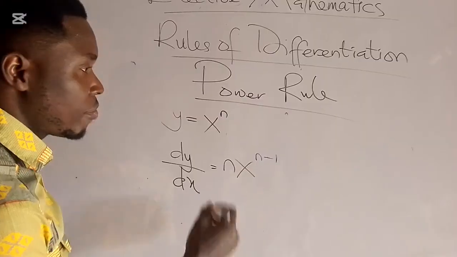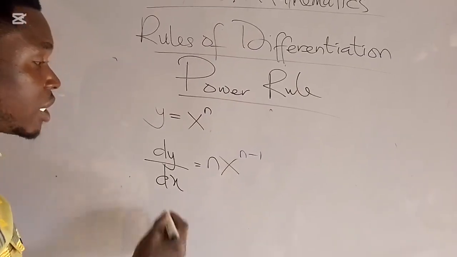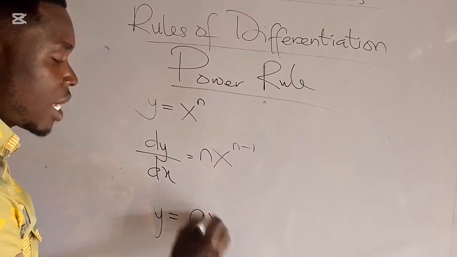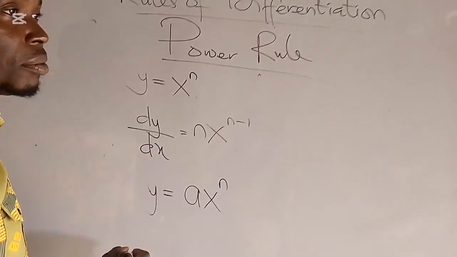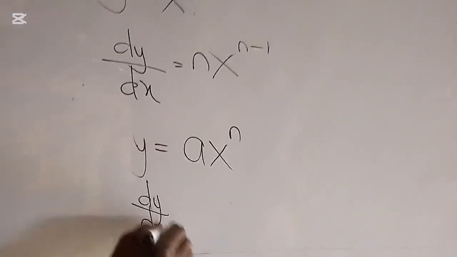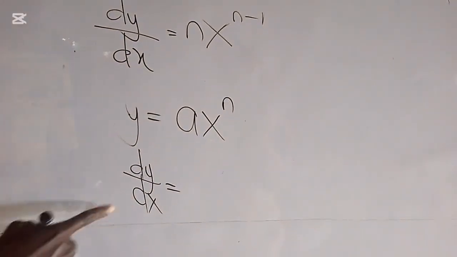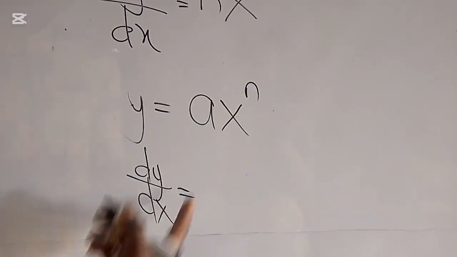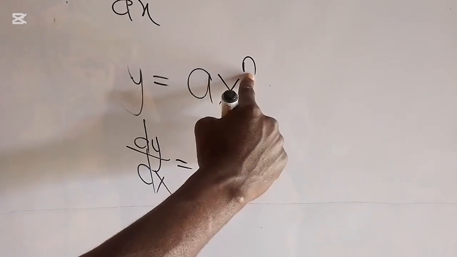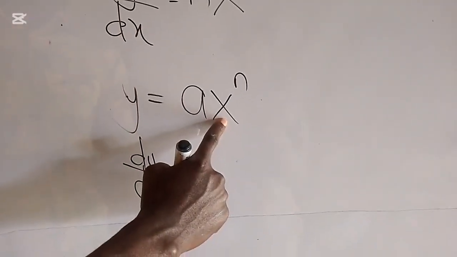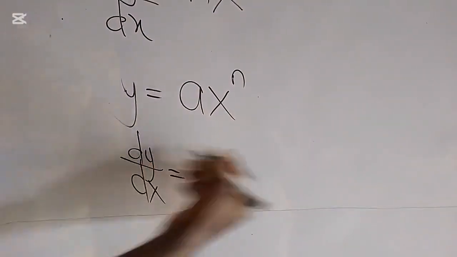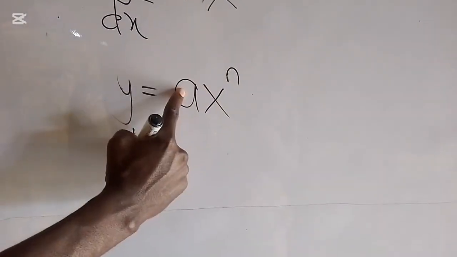In another way, for instance, if an equation is given to you, say y is equal to a x exponent n, we are differentiating with respect to x. The a is a constant, x is a variable, n is a constant. We drop the n to come and multiply the a.